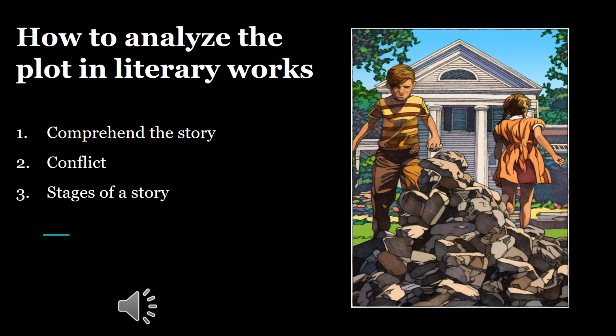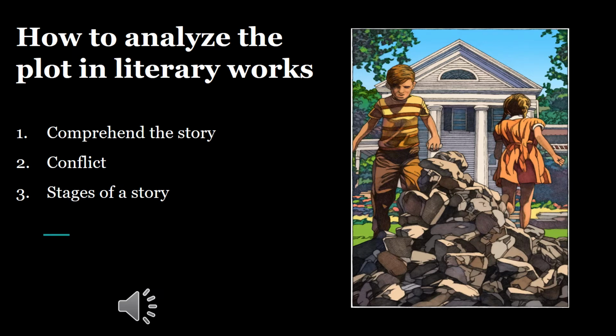Once you are familiar with the story and the events that occur throughout the story, you ask yourself two questions. What is the conflict in this story? And how does the writer present the problem between the protagonist and the antagonist?